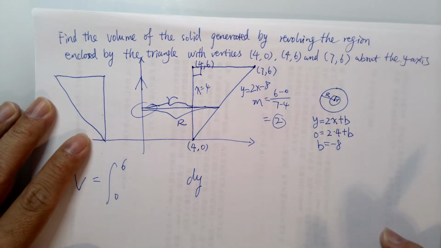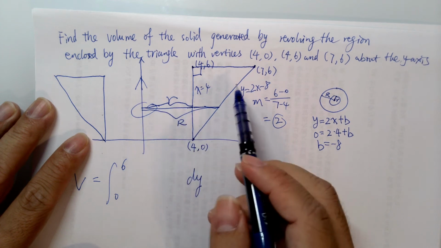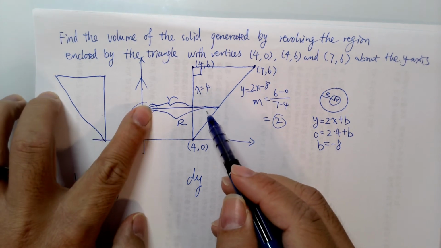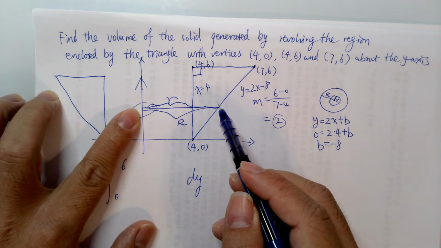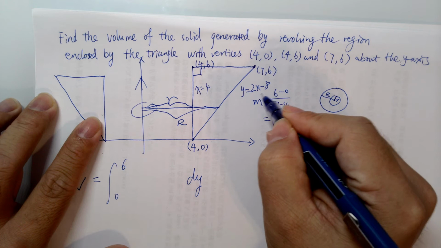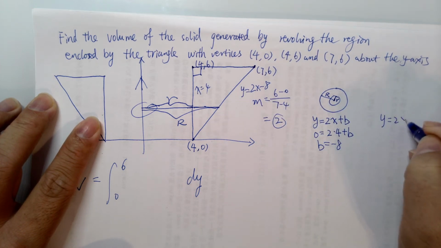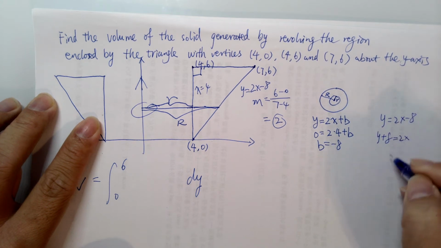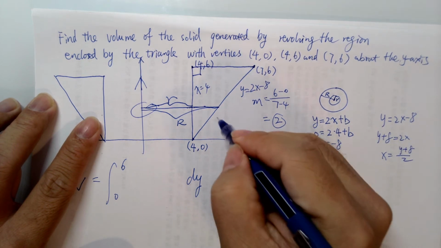But keep in mind, when we're using this revolving about the y-axis, to find the larger radius from here to here, that's the distance, I need to write x in terms of y, right? So if you solve for x in terms of y, y equals 2x minus 8, then y plus 8 equals 2x, and then x equals (y plus 8) over 2.